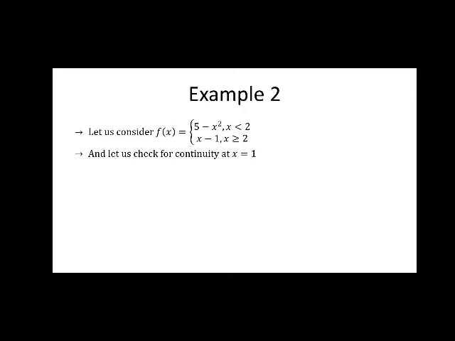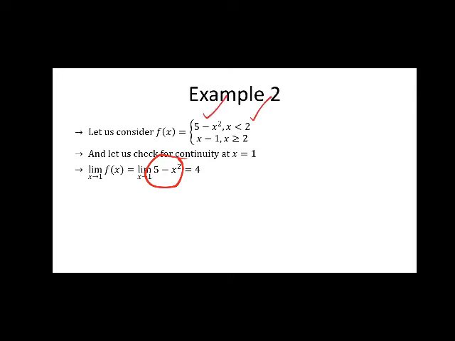Again let us first find the limit. So the limit as x tends to 1 of f(x) is the limit as x tends to 1 of 5 minus x square. Now how to understand why I am taking this 5 minus x square? Obviously you have to check where x equals 1 lies. I can see this branch is for x less than 2, and 1 is obviously less than 2, so I will consider this branch.